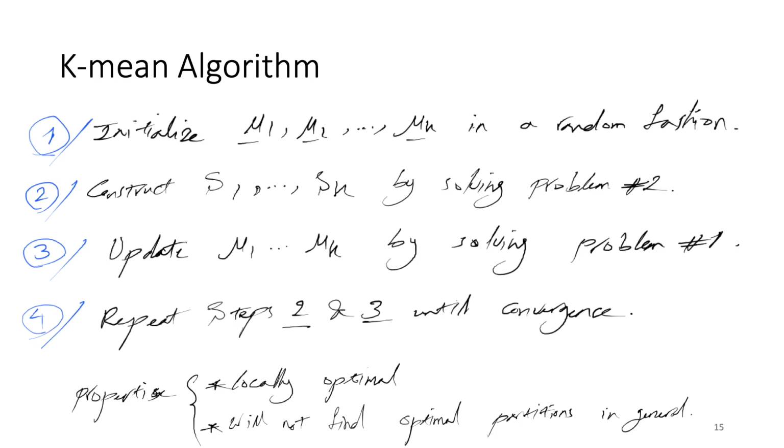So as you see, it's pretty intuitive and simple. And as you can imagine, because it's a heuristic, it sometimes doesn't give you the optimal solution, because depending on the number of clusters you choose, you won't be able to find the global optimum. So that's why, as a property of K-means clustering, you can mention that it's locally optimal.